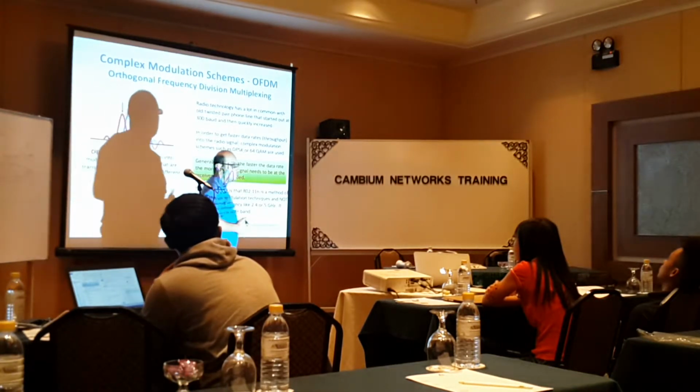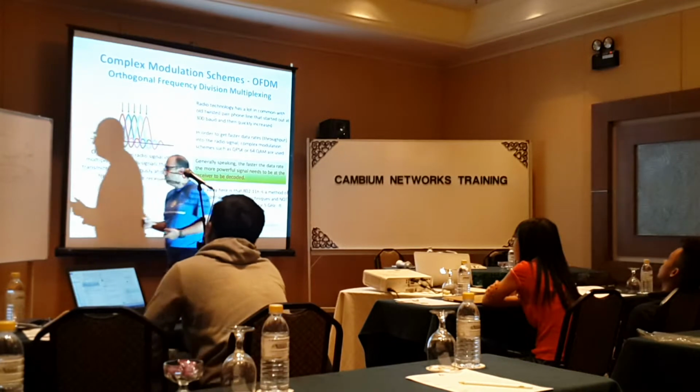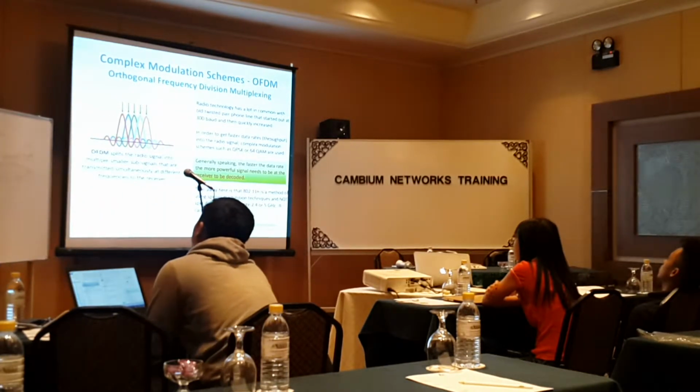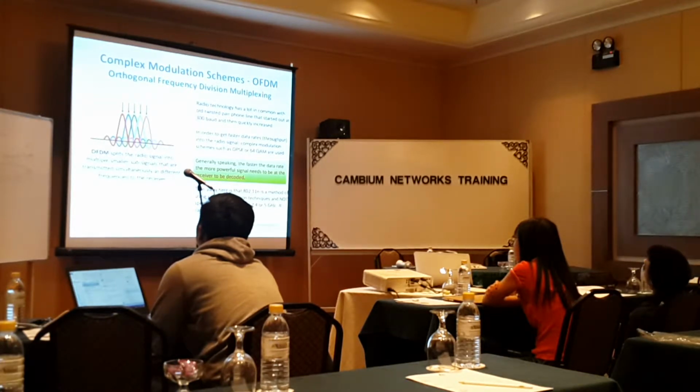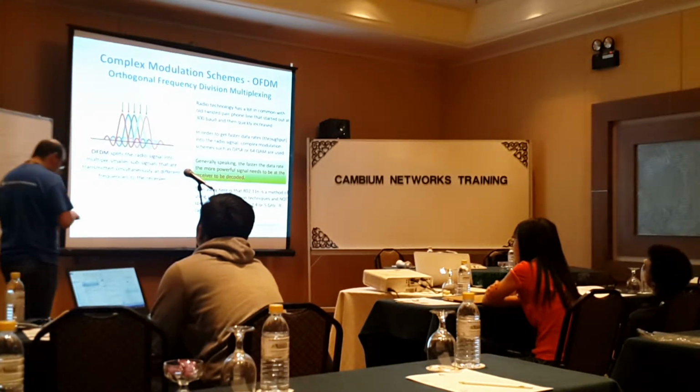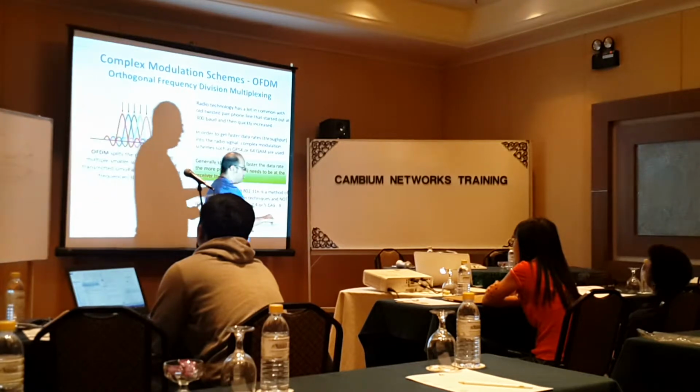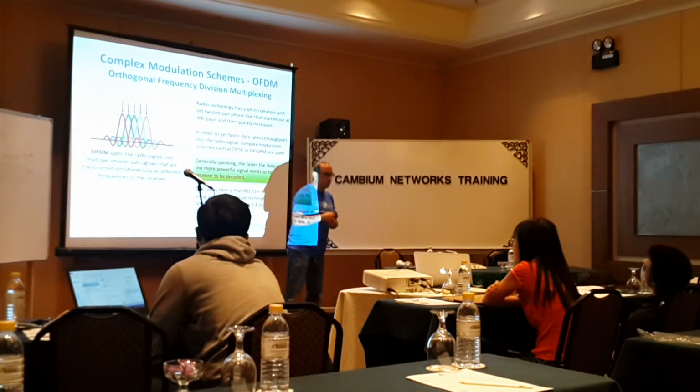But you need a process to use them. Assume that this is the AP and this is the SM. Both of them are following a 20 megahertz channel width, so there are multiple spectrums.